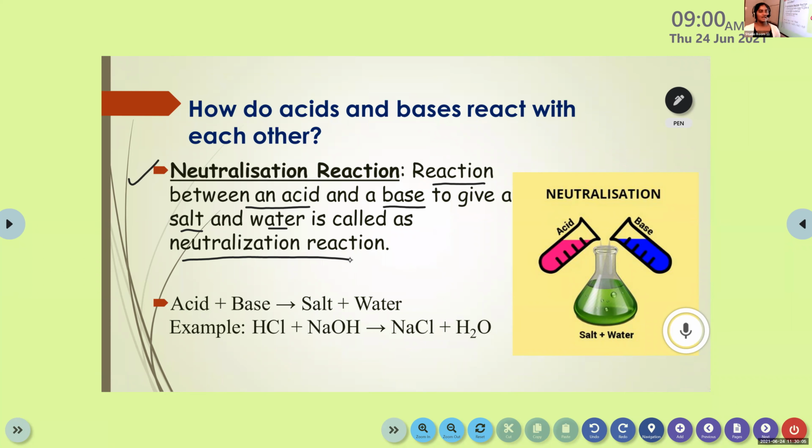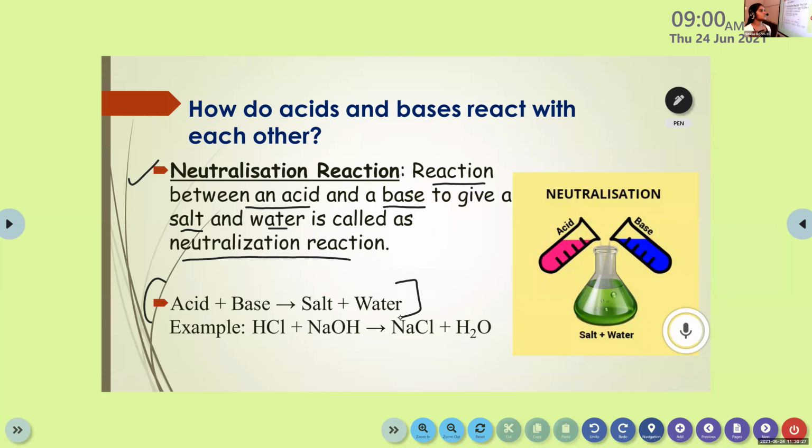So when an acid and a base react with each other, they will cancel each other's effect and produce salt and water. Such a reaction is called neutralization reaction. You can write there: acid plus base gives salt plus water. Both the salt and water are neutral, right?